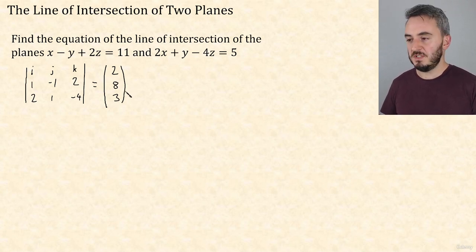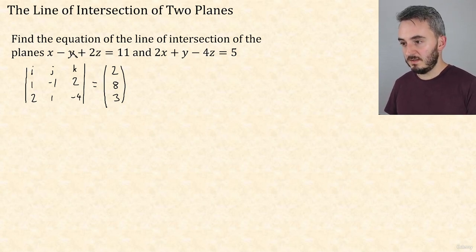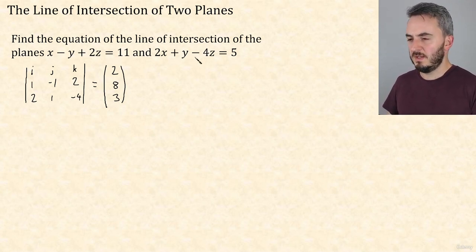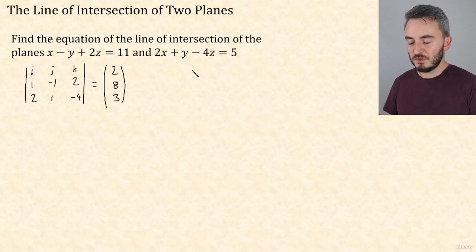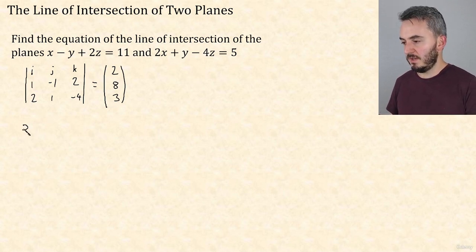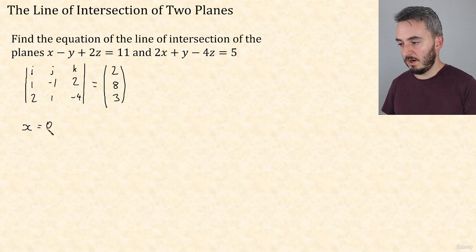And to do that, I just need to find a point which is on this plane and also on this plane. And that's actually surprisingly easy to do because, of course, there are infinitely many such points. So basically at will, I could just set one of the x, y, or z values to be whatever I want. Here's what I mean. Let's just stipulate that x is 0.